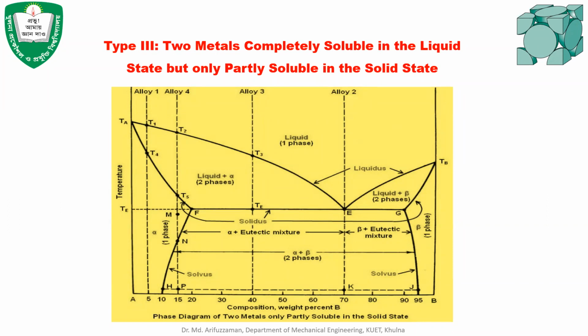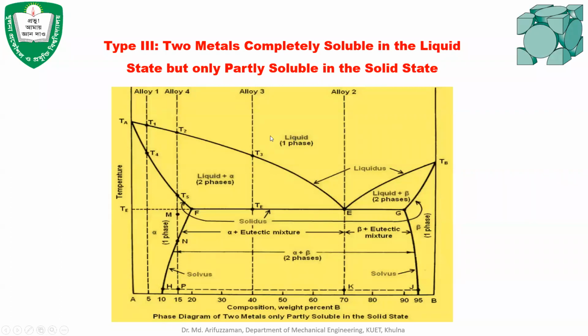So this is one of the representative diagrams for type 3, in which if we look closely, we'll be able to see that there is a single phase region, that is the liquid at very high temperature.